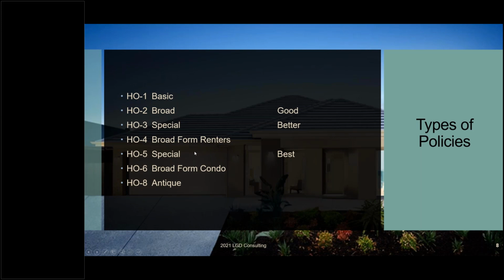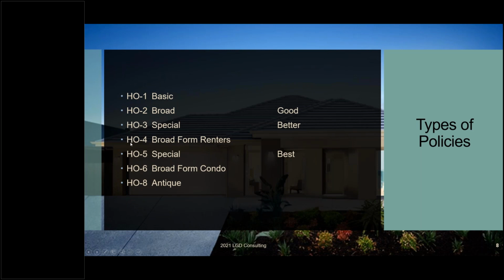Now, if you're renting, and I know I say renter's policy a lot because I do dabble in the real world, but for your test, there's no such thing as a renter's policy. It is a homeowner's policy that's designed for someone who rents an apartment or rents a home to stay, and that's called an HO4.